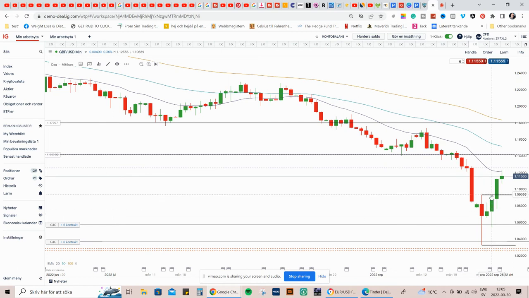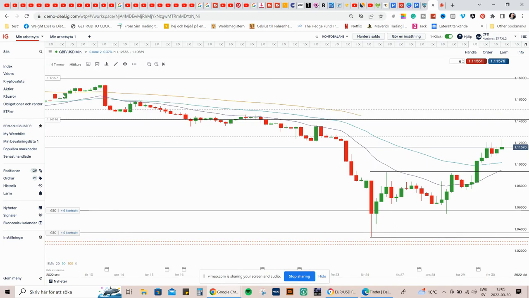I went long using lower time frames, when I saw that we had a close at this level, 1.096, above the structure of this pin bar or mother bar. Let's have a look at a lower time frame. Here you can see I have marked the daily pin bar, and on the 4-hour chart we had a close here.